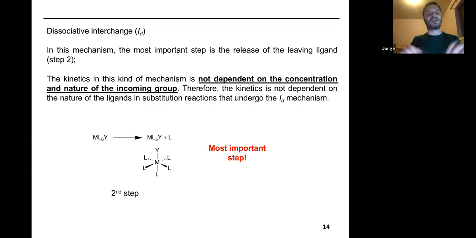In the associative mechanism, the association step or the first step is the most important, and the kinetics is dependent on the nature and concentration of the incoming ligand. In the dissociative, the dissociation step is the most important, which is the second step, and this kind of mechanism does not depend on the concentration and the nature of the incoming ligand.